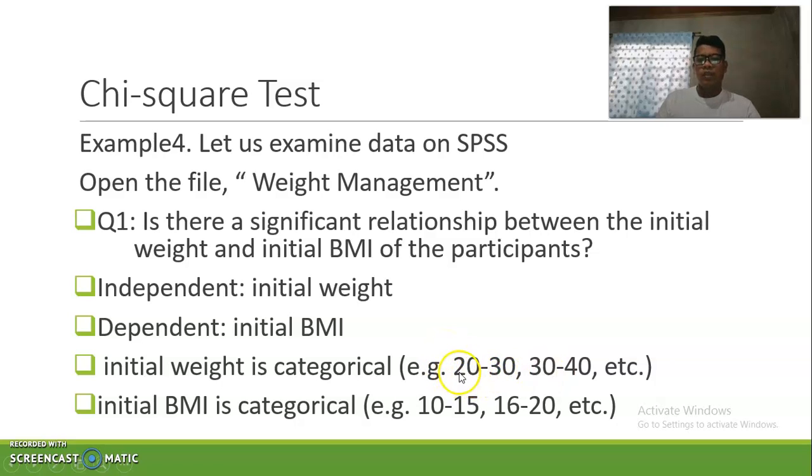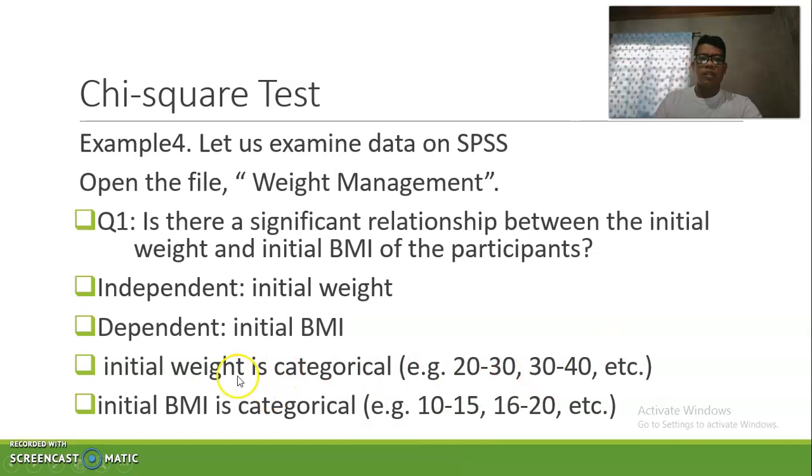Same is true with the initial BMI of the participants. It is also categorical data, because we converted it into a scale variable: 10 to 15, 16 to 20, and so on.